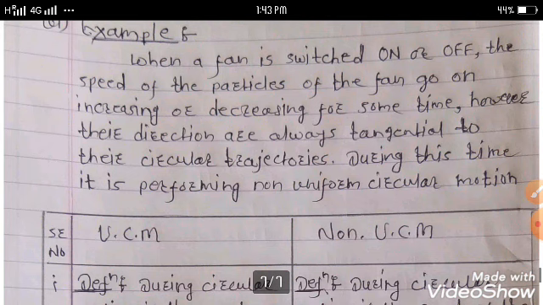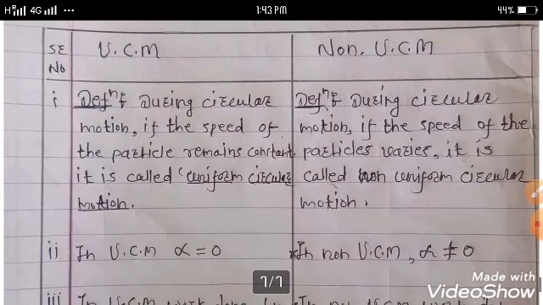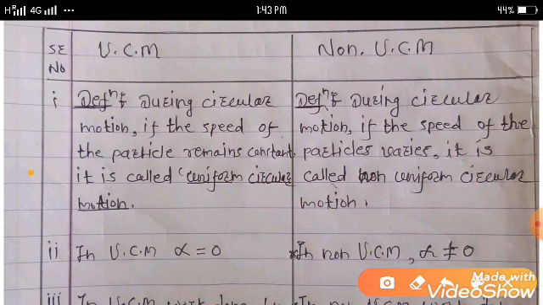What is the distinction between uniform circular motion and non-uniform circular motion? In a uniform circular motion, first, definition: during circular motion, if the speed of the particle remains constant, it is called uniform circular motion.